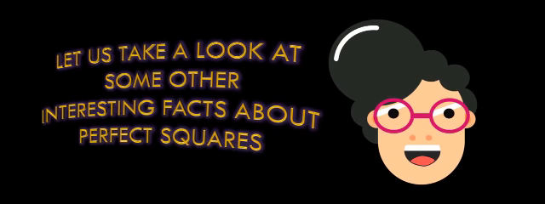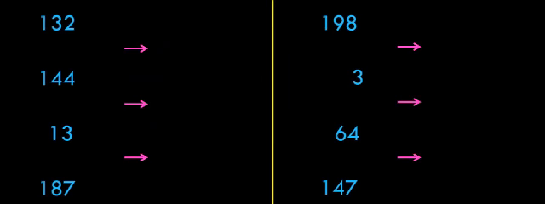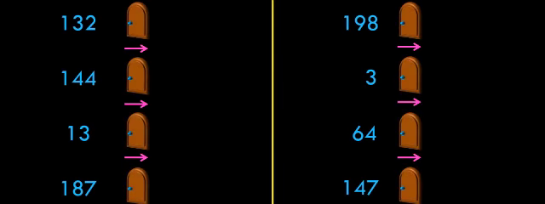Let us look at some other interesting facts about perfect squares. Here is something interesting. We will pass all of these numbers through these doors one by one, and we will automatically get to know whether these numbers are perfect squares or not.